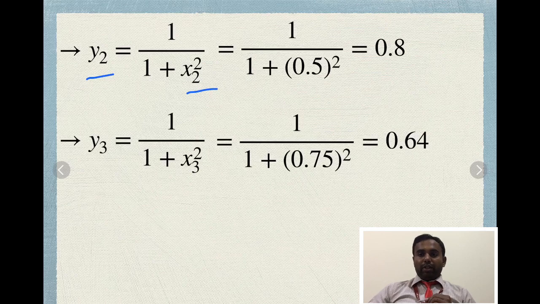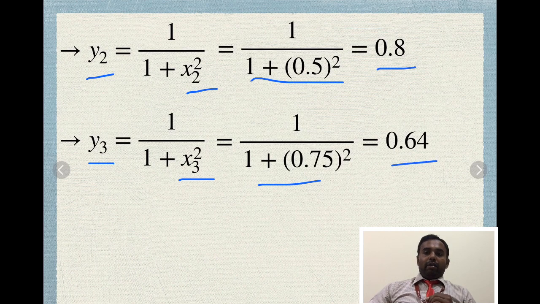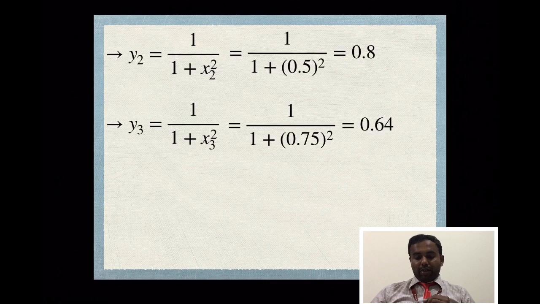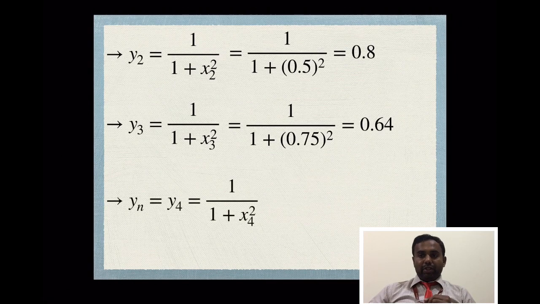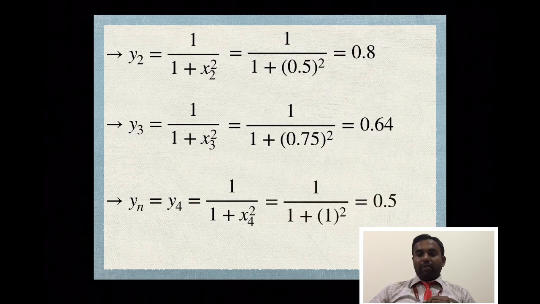When I am talking about y3, I am substituting the value of x3. Then I am simplifying the given function, and that is giving me y2, y3 respectively. Getting it? So the last value, as we know, yn will be equal to y4, which is 1 by 1 plus 1 square, which is 0.5.